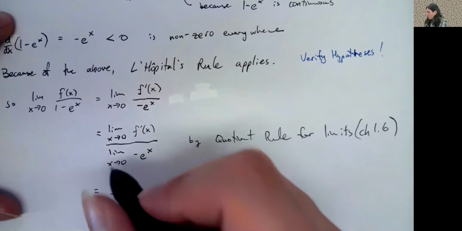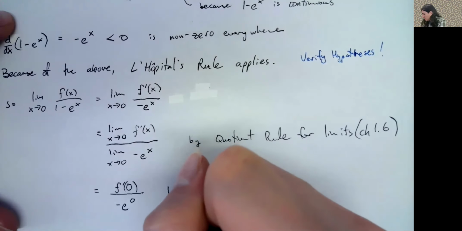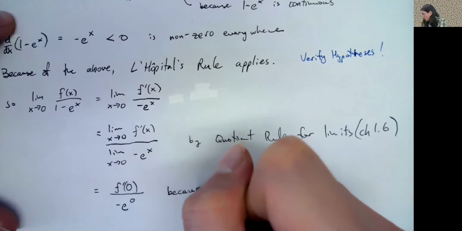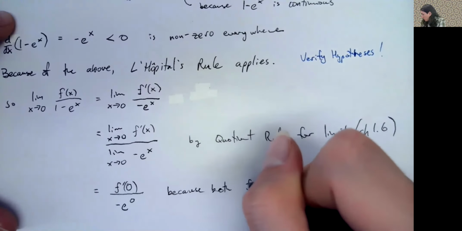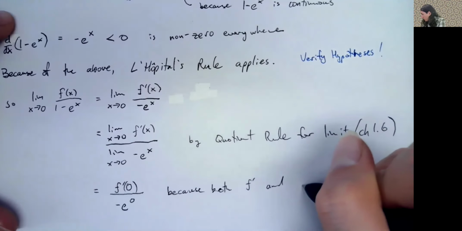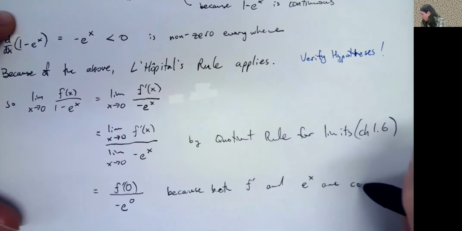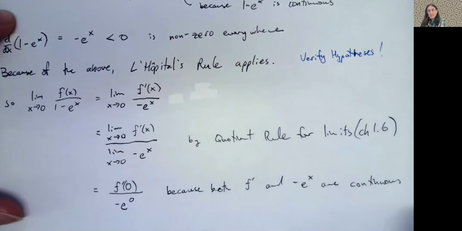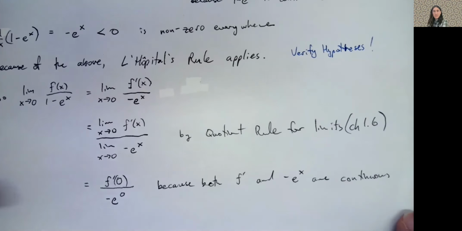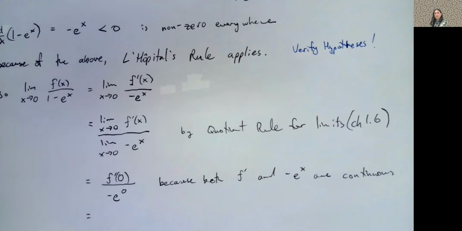So because we know those two things are continuous, we can just plug in the limit, because both f prime and the denominator, minus e to the x, are continuous. Okay? So that's basically the end. Just plug in the values for these things.